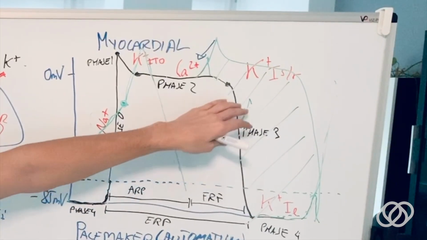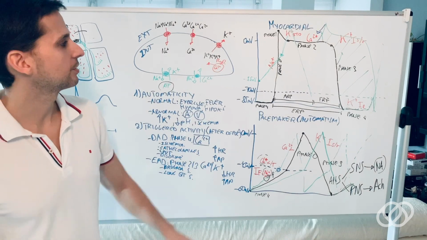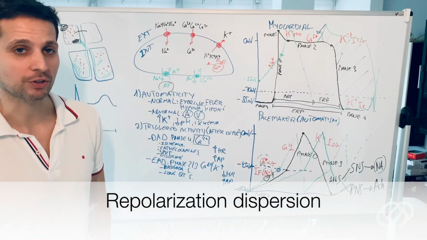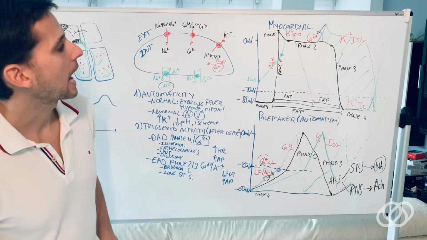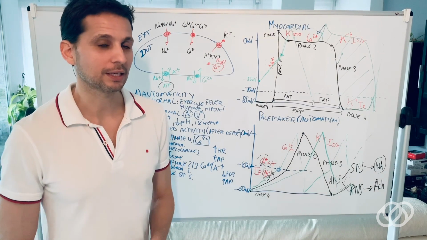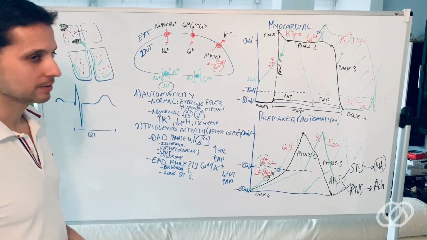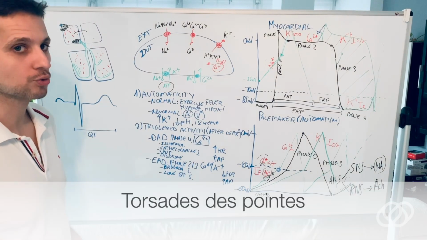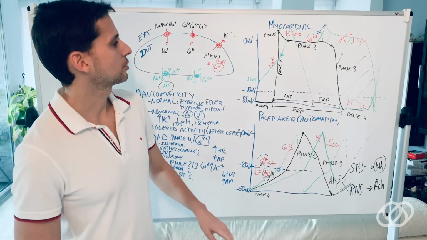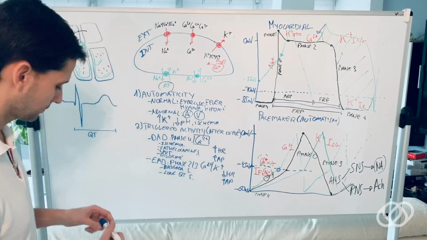It makes that we have an inhomogeneous repolarization, and so it is called a dispersion of the repolarization, and it can lead to the production of ventricular tachycardias, usually polymorphic ventricular tachycardia, like the Torsades de Pointes that we will see later. Also, sometimes this phenomenon can lead to other types of arrhythmias.